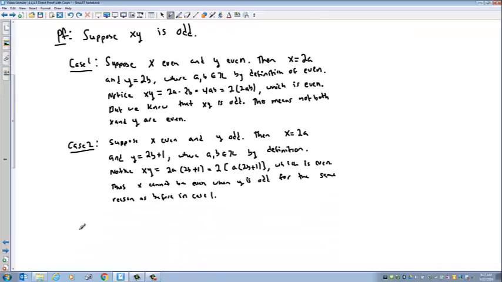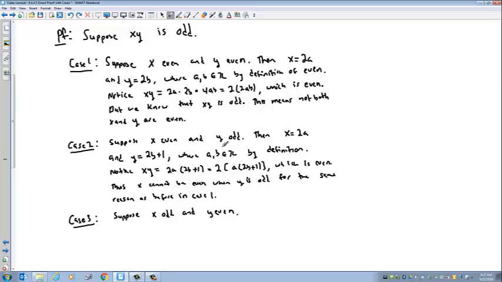Okay, let's try another case. So case 3, suppose now x is odd, and y even. But this can't be the case because this is basically case 2.